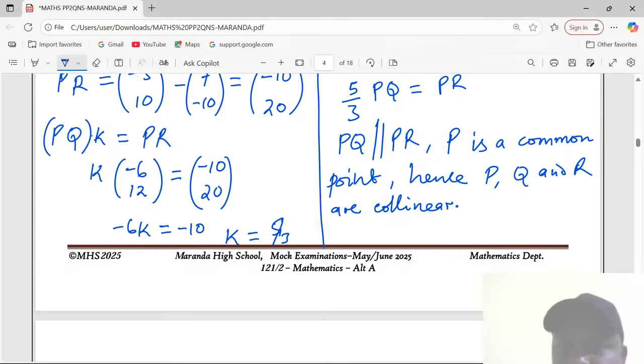You usually mention the common point and you quote that the two vectors are parallel. You can use a simple notation: one vector, two strokes, the other vector. This means that they are parallel. So you confirm that there is a scalar multiple between the two vectors. And that is it, a very simple working.